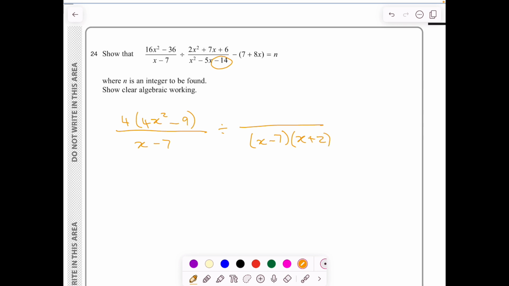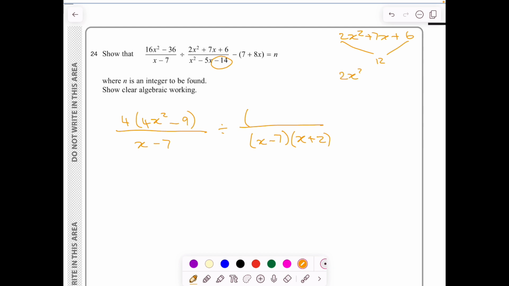And then we need to factorise the top. I've taught you how to do this before. Everyone has their own method. I tend to go the long way because it guarantees you getting it right. So you do 2 times 6, which is 12. So we're looking for two numbers that multiply to make 12, but add to make 7, which is 4 and 3.